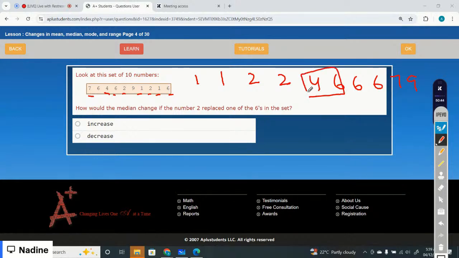The median is 5. If the 2 replaced one of the 6s, then the median would be decreased. It would be 4.